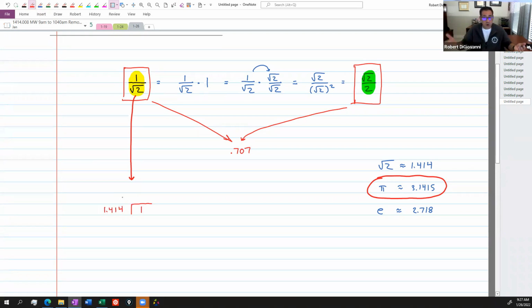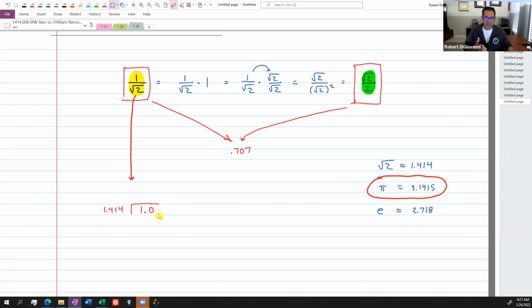And then you'd have to do old school division. You'd have to be like, okay, how many times does 1.414 go into 1? Well, it doesn't because it's bigger than 1. So you put a decimal, you put a 0, and then you say, okay, how many times does 1.414 go into 10? I don't know. I mean, it's hard. That's a little hard to figure out.